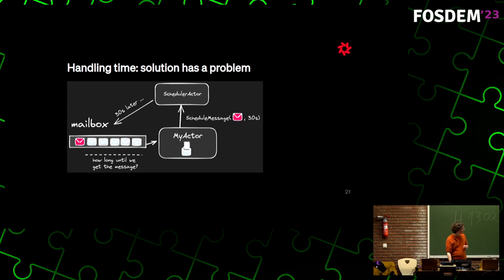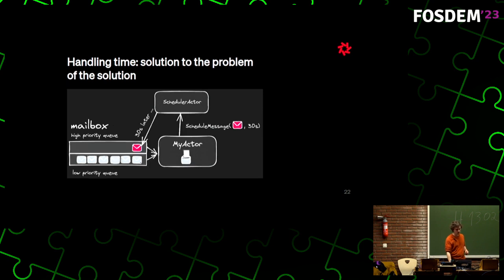The trouble there is, imagine that you already had a lot of messages in the queue of the actor. Then where are your 30 seconds? Maybe we have 1 minute worth of messages in that queue. And then our entire contract of I want to emit a file every 30 seconds, it's broken. We cannot do that. So the solution we went for is that mailboxes are a tiny bit more complicated.